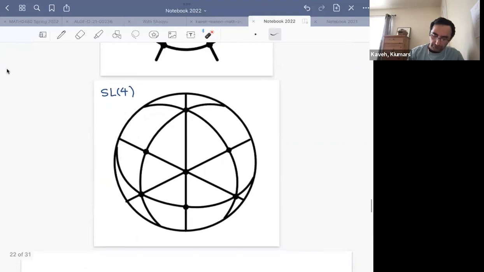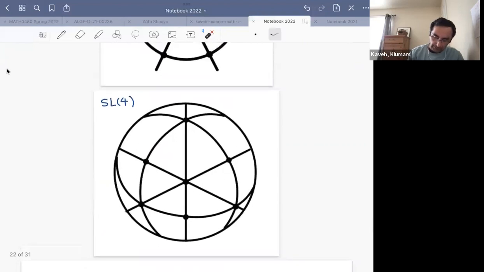For SL4, the rank is 3, the unit sphere is 2-dimensional, and each triangle here represents one of the Weyl chambers. And then you have this triangulation of the unit sphere. These triangles and their edges and vertices are the Coxeter complex of SL4. Is that picture understandable?